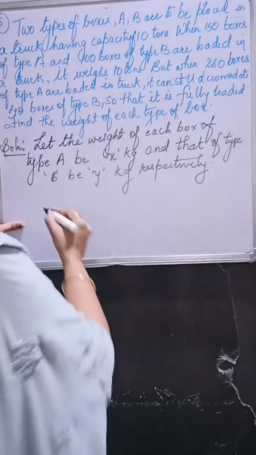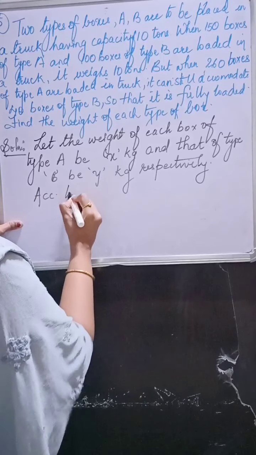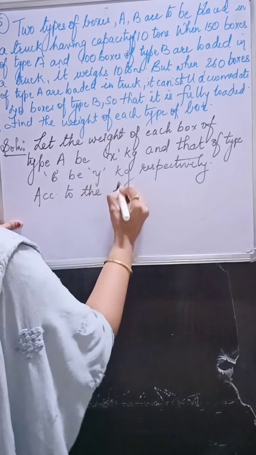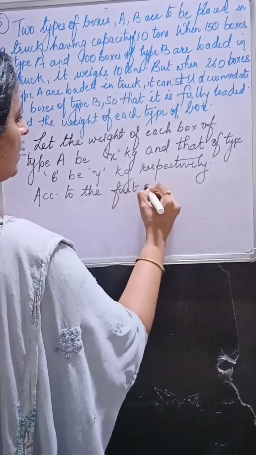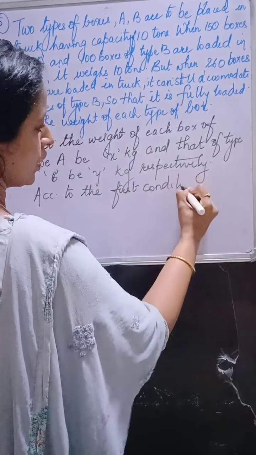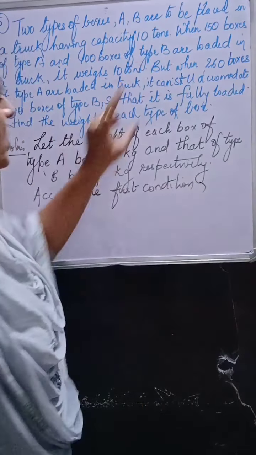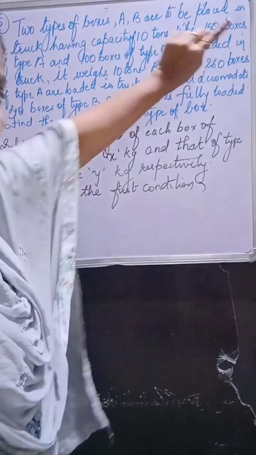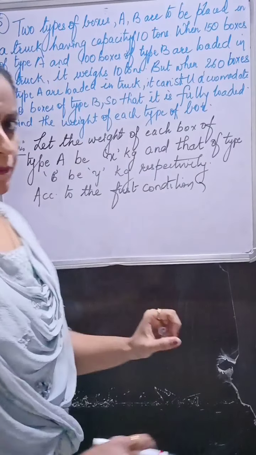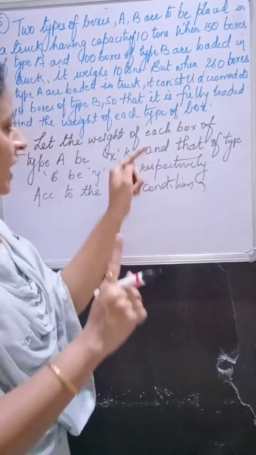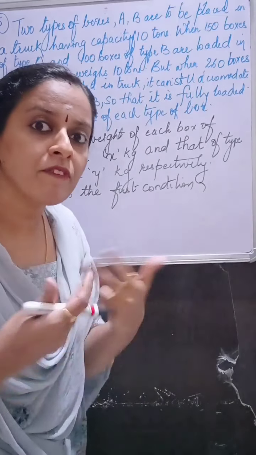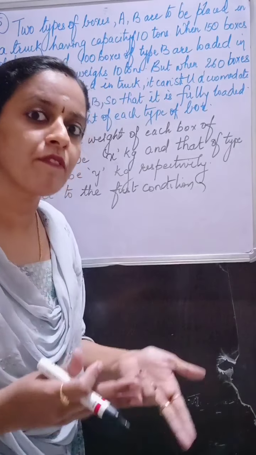So according to the first condition, again I'll read that first condition to be double sure. What is the first condition? When 150 boxes of type A, one box of type A weighs x kilogram. So how much will 150 boxes be? 150x.